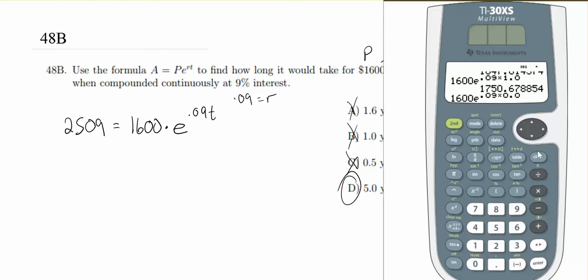Let's test 0.5. That's not 2509 either. So now let me try 5.0. That does give me 2509. Yeah, 2509.3, whatever. Because of rounding, this wasn't going to be exactly 5.0, but it's close enough that we know the right answer.